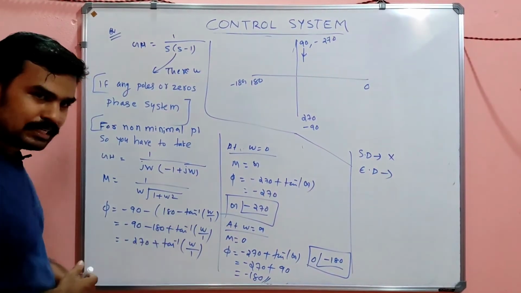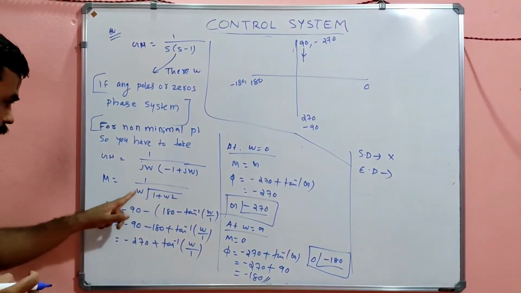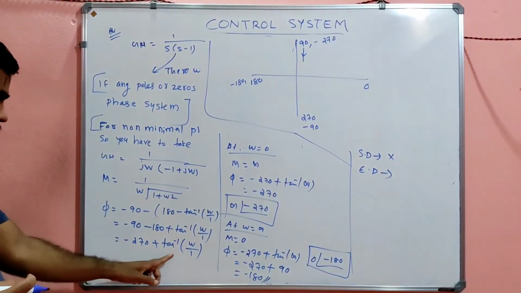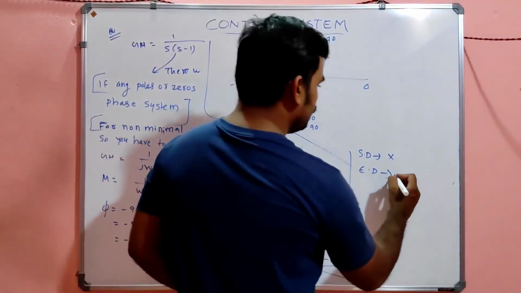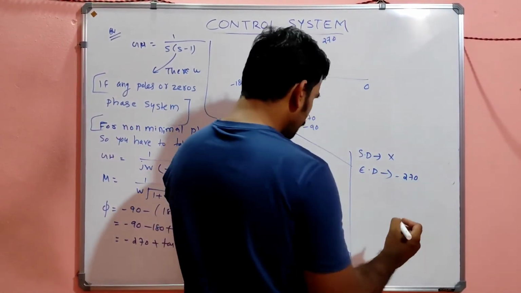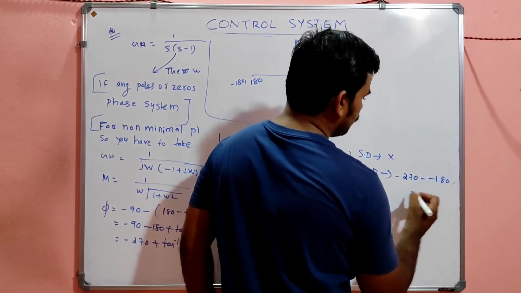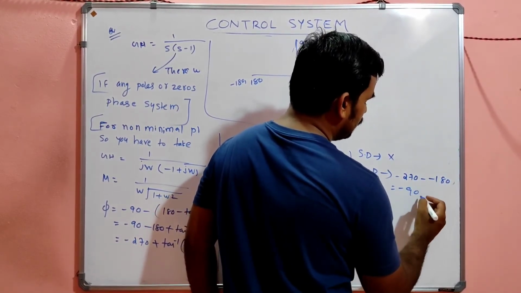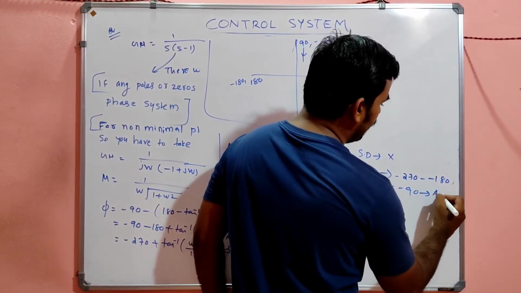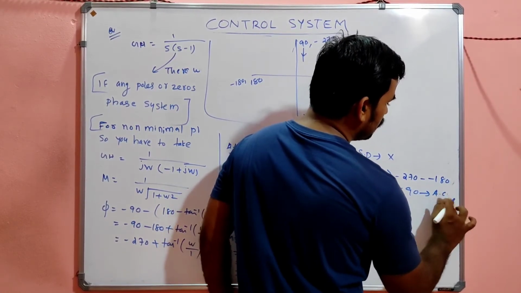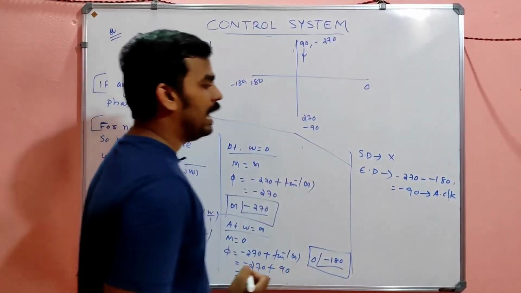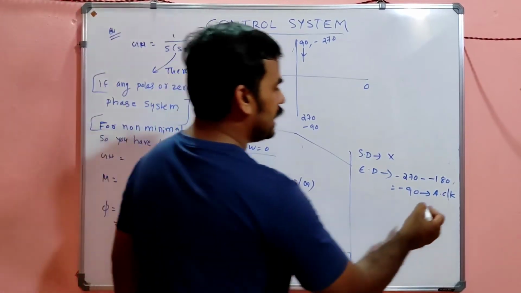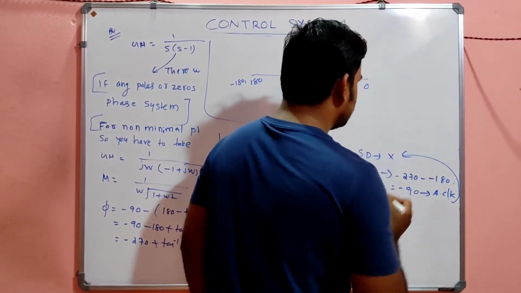So what is the end direction? Simply look at the angle difference, my dears. Minus 270 to minus 180, so it will be minus 90, so it will be anti-clockwise. This anti-clockwise will be the same as the starting direction.